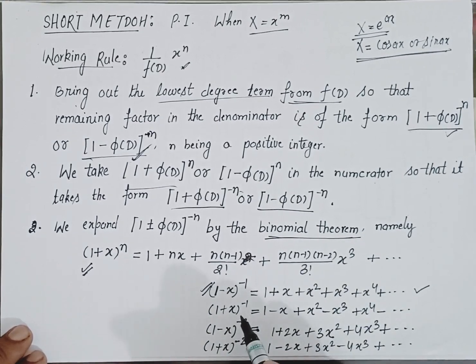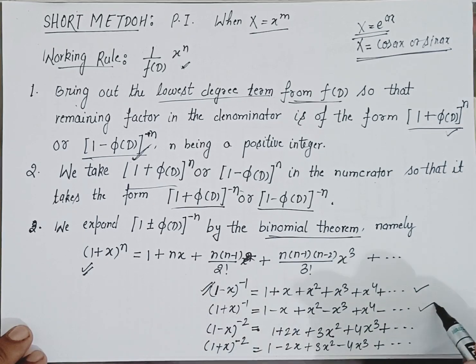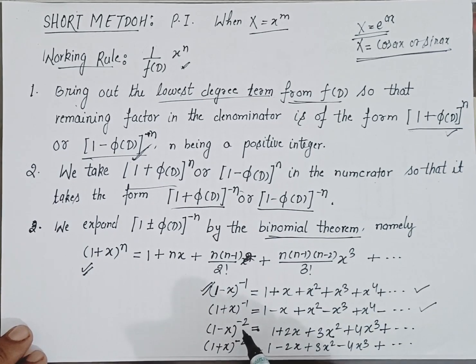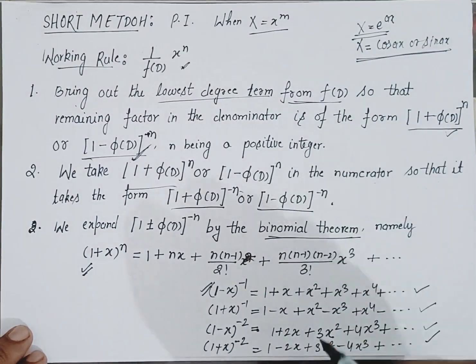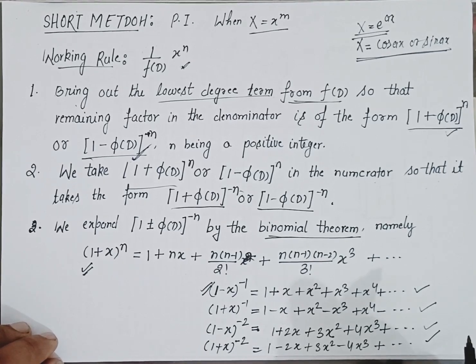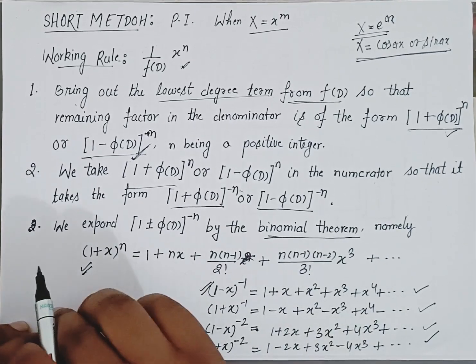And 1 minus x to the power minus 2 is 1 plus 2x plus 3x square plus 4x cube. All these formulas and this theory are required to find the particular integral of this form.